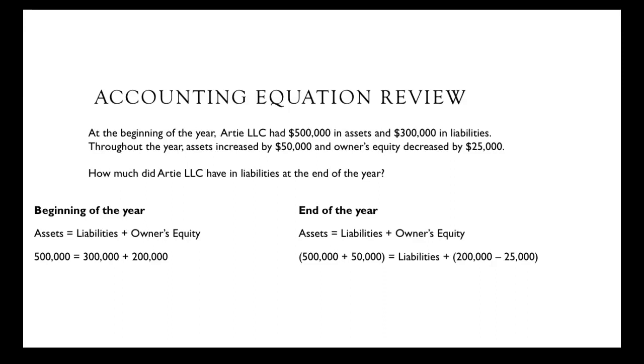And we want to leave liabilities as our unknown, because that has also changed throughout the year. We just weren't told in detail what those changes were. So we'll add our $50,000 increase to our assets, and we'll subtract out the $25,000 decrease to our owner's equity.